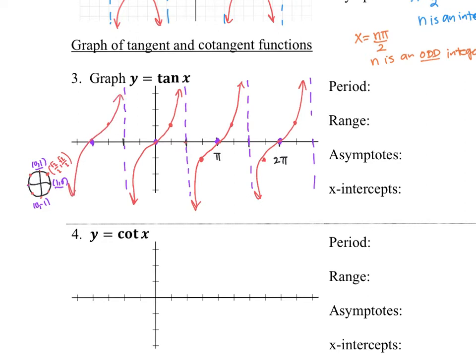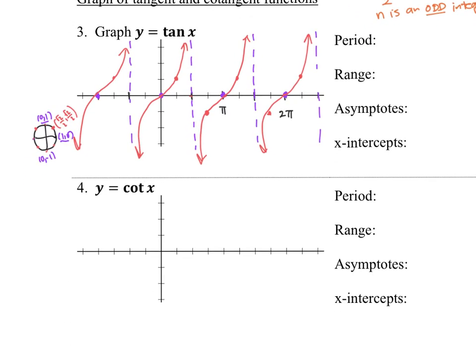I'm going to do the same for cotangent, and now that I kind of know what it's going to look like, it'll go a little bit faster. Let me think. I'm going to start with the 4 corners because that's going to give me the asymptotes and the zeros, and then I can work from there. Cotangent is x over y. So at 0, 1 divided by 0 is an asymptote.